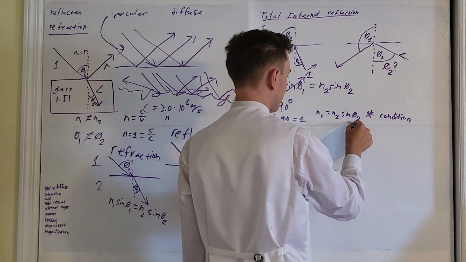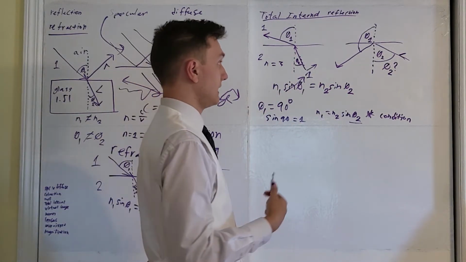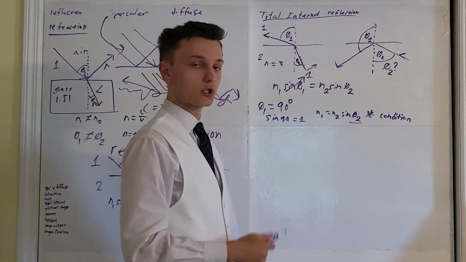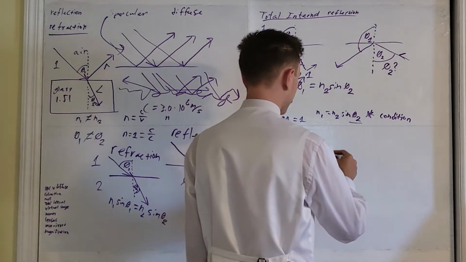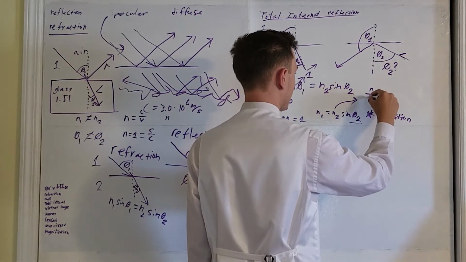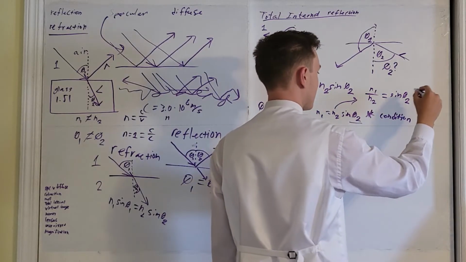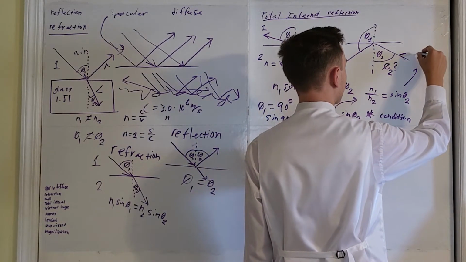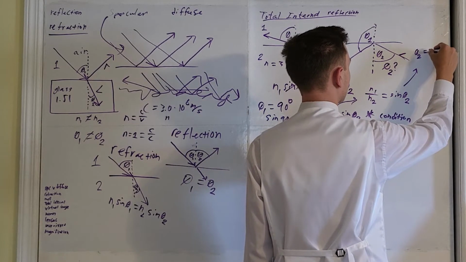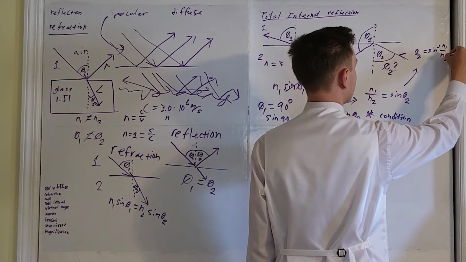So if we want to particularly solve for theta 2, if we want to know the angle theta 2 at which total internal reflection occurs, we can do that. We can rewrite this as n1 over n2 equals sine theta 2, which can then be rewritten as theta 2 equals the sine inverse of n1 over n2.